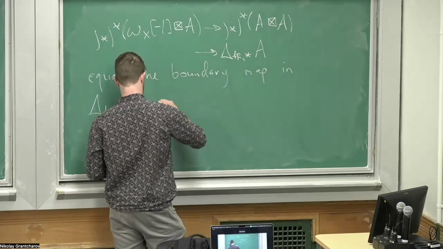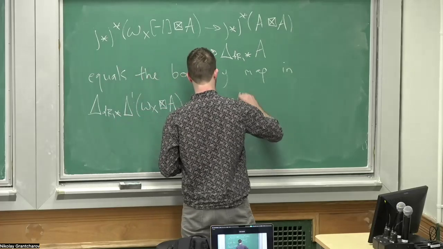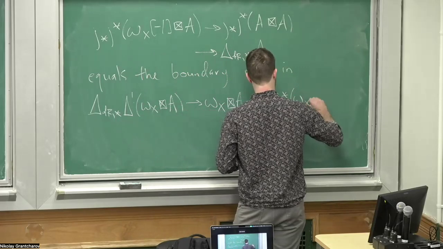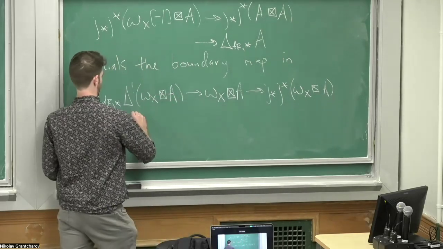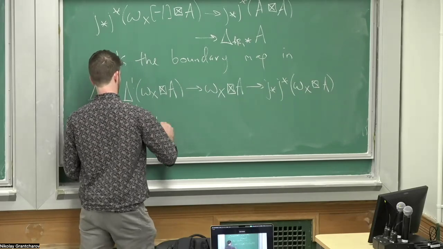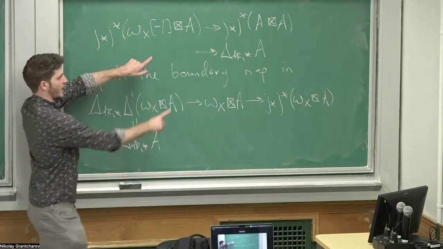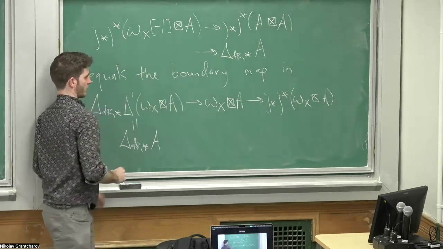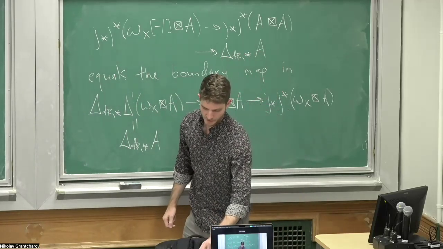So I apply the Poisson resolution to omega X box times A. Because of my choice of normalization, this is actually just delta star of A. So when I rotate this exact triangle, I get a map exactly as such, taking into account the shift. I want that this map equals the boundary map of this exact triangle. So that's the unitality axiom.